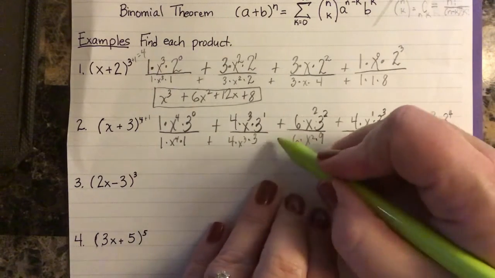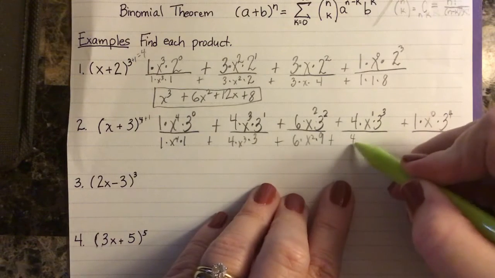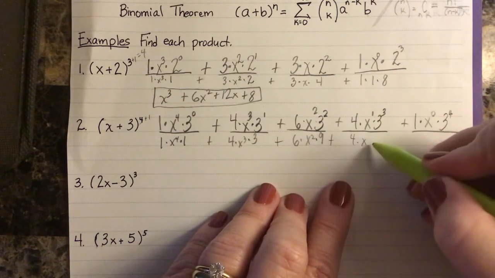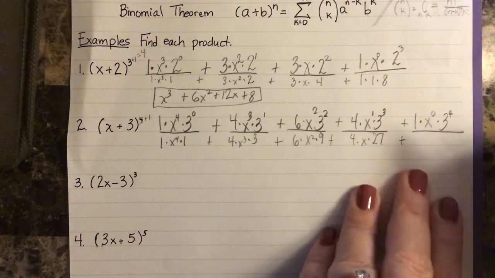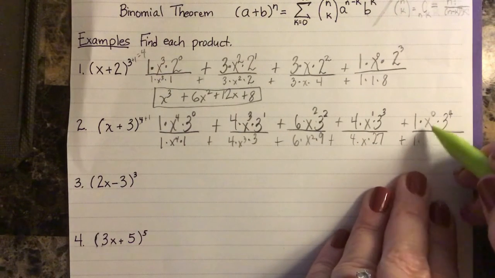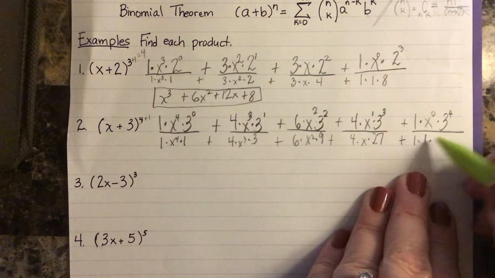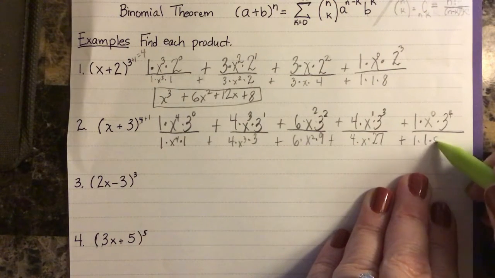Then 4 times x to the 1st times 27, plus 1 times x to the 0 power is 1 times 81.